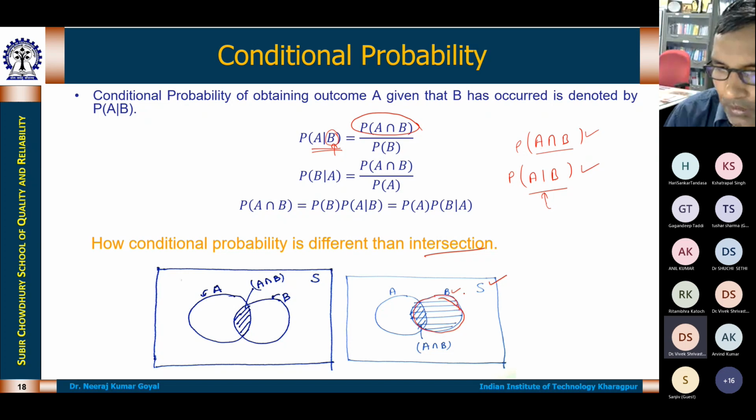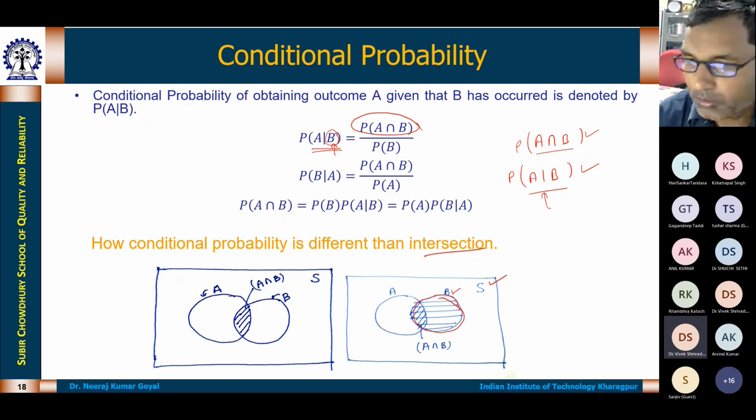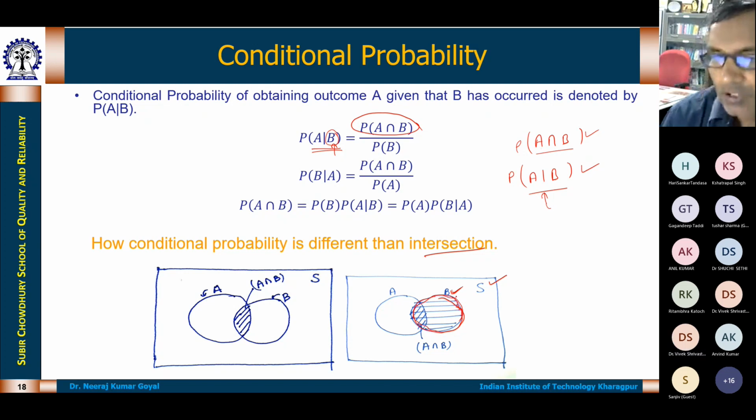The outcomes which were belonging to the sample space are no longer valid. Only those outcomes are valid where B is present or B is true. So only where the sample points of B are present can I analyze what is the possibility of A. So what does it mean? B has occurred. That means now B has become the sample space.